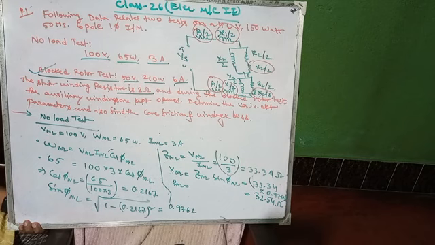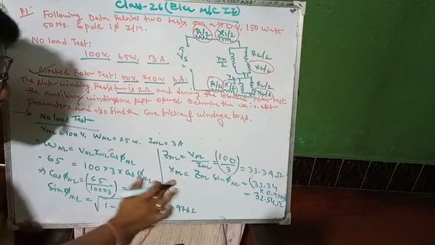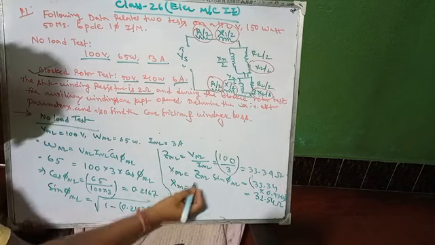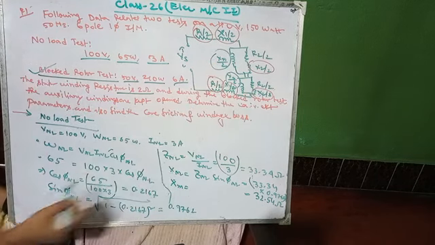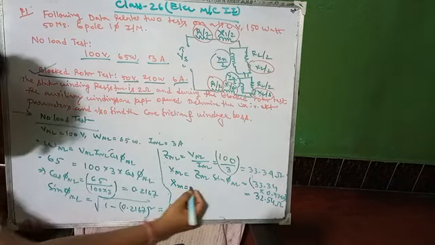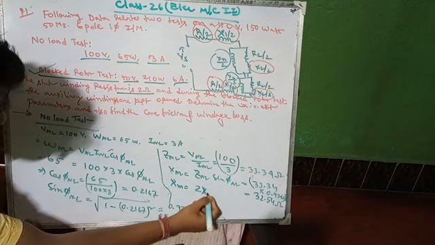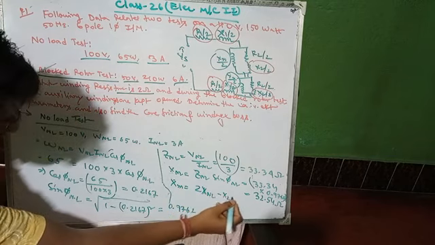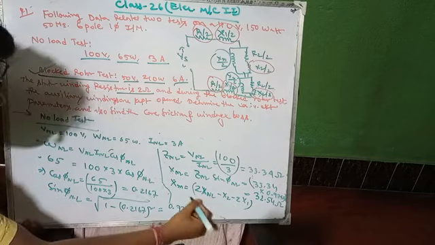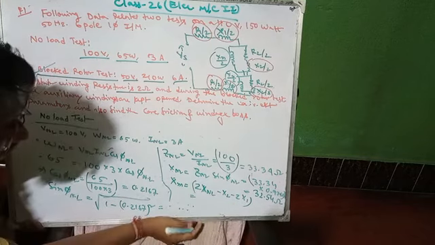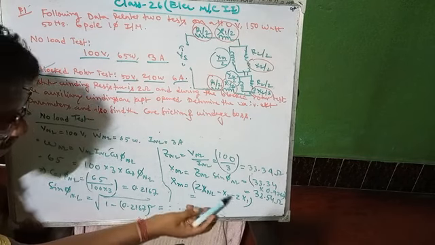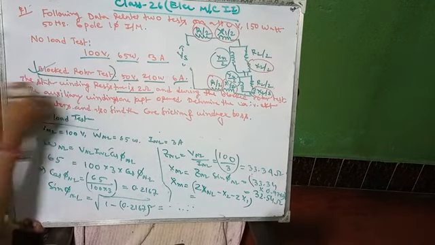So what will be XM? Let us find XM, because XM is the only term left to find. XM equals 2XNL minus X2 minus 2X1, right? From this relation we can easily calculate XM, because X2 and X1 have already been calculated during the blocked rotor test.